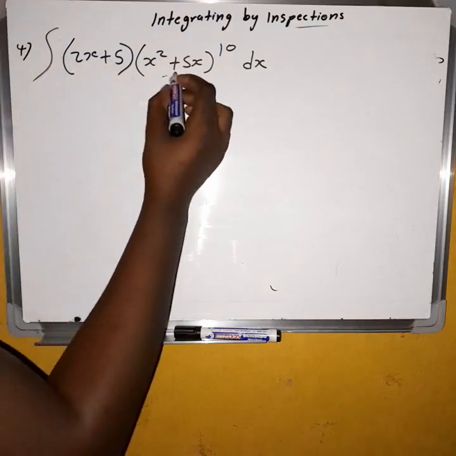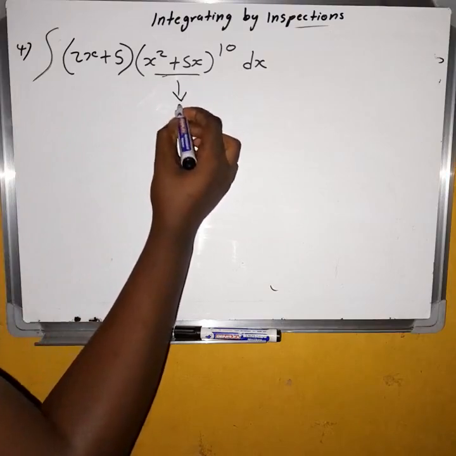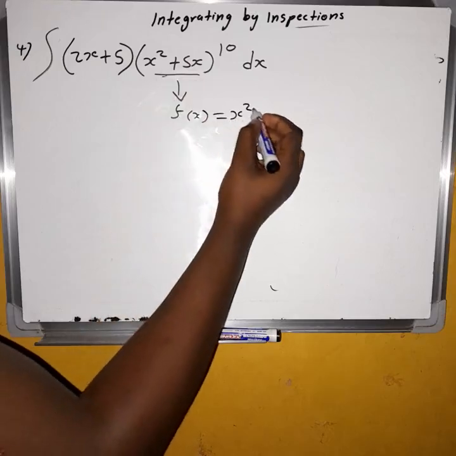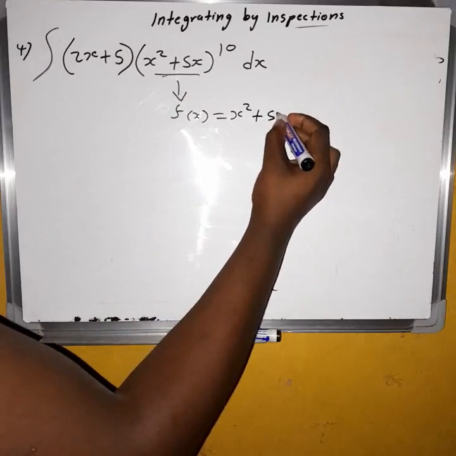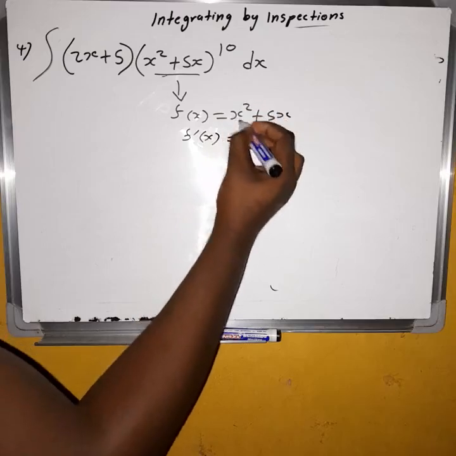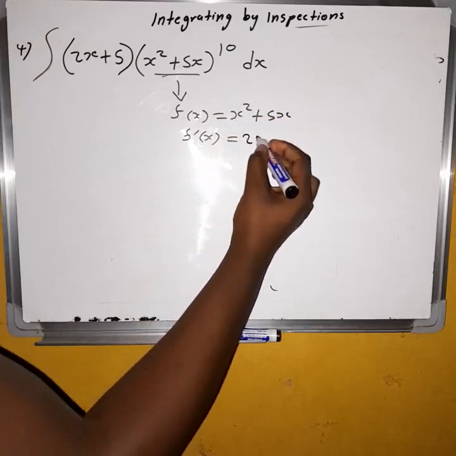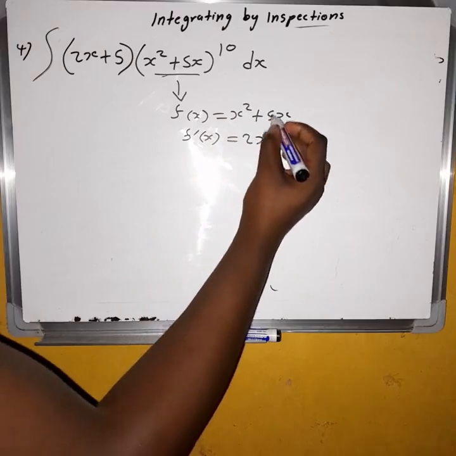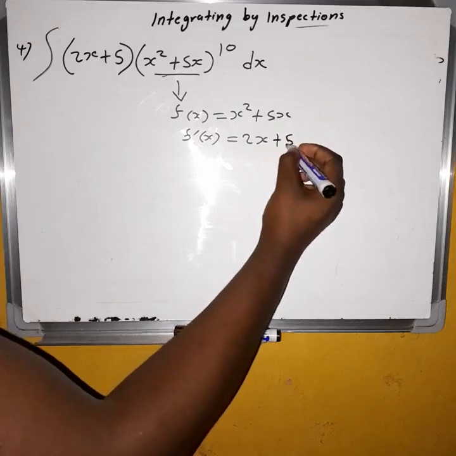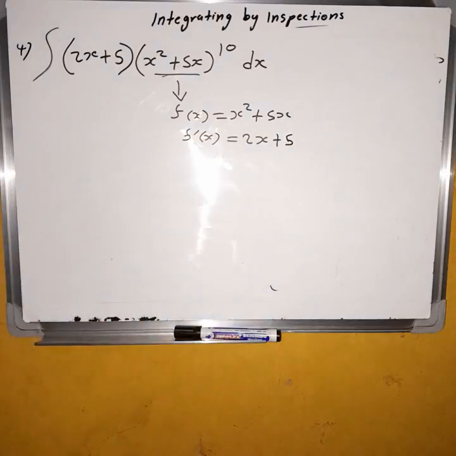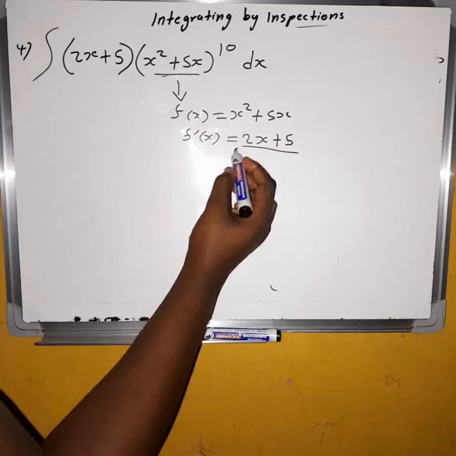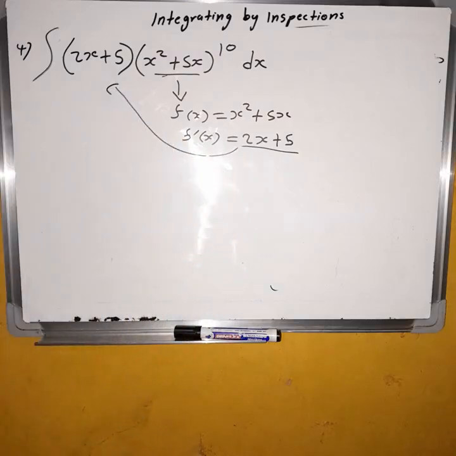We'll let f of x be x squared plus 5x. Then f prime, you drop the exponent, will be 2x, you subtract 1, plus 5, right. This is the same as that, right.